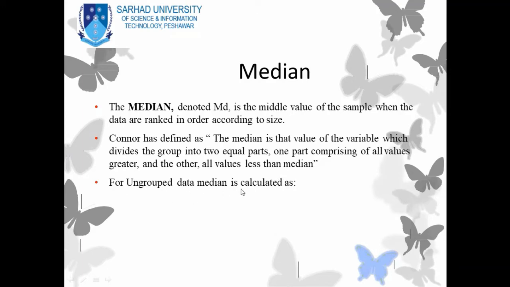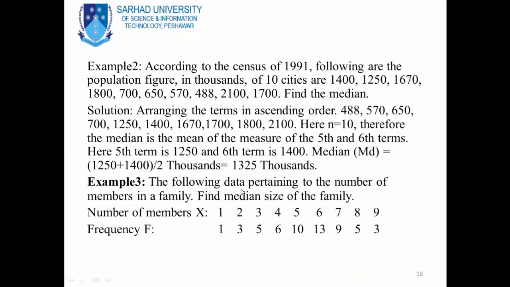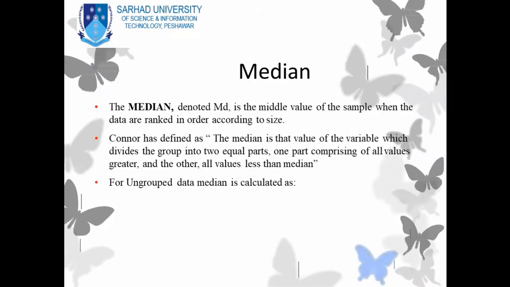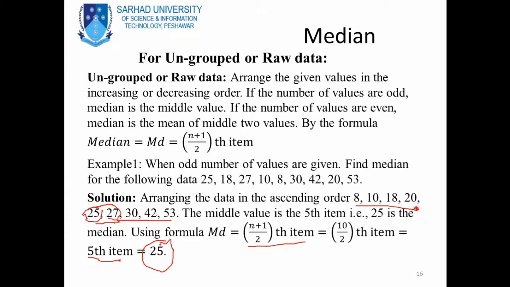For ungrouped data, the median is calculated as you see in this example. In the previous example, the median was calculated as follows: first of all, write the data in order form and then divide the data into two groups. You can easily find the middle position.